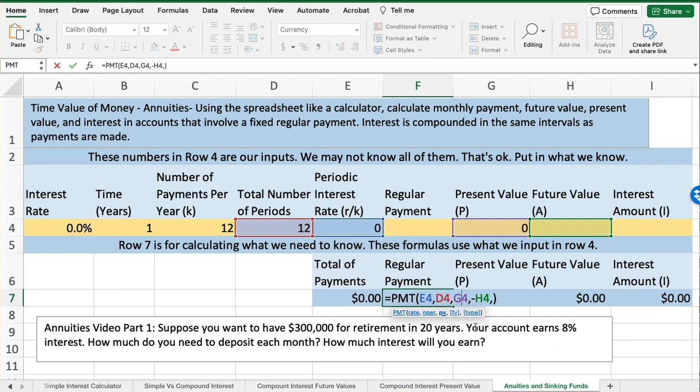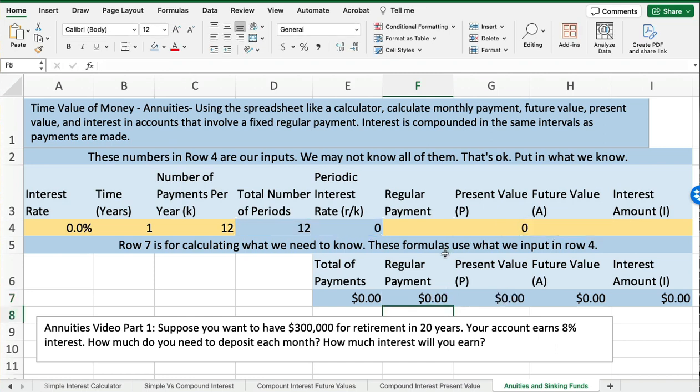Then it needs the present value, that's in G4. And then it needs the future value turned into a negative, so we make it negative H4, and then a comma, and then close parenthesis. So again, that's equals PMT, parenthesis, E4, comma, D4, comma, G4, comma, negative H4, and then close parenthesis. And that's in cell F7. That's going to give us our regular payment.